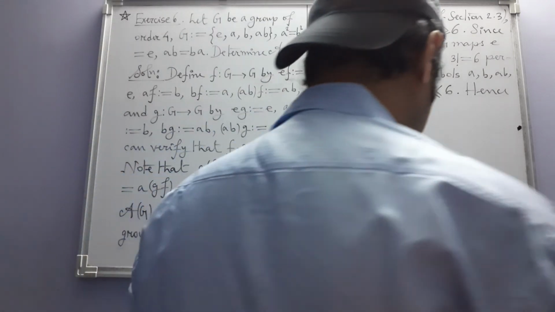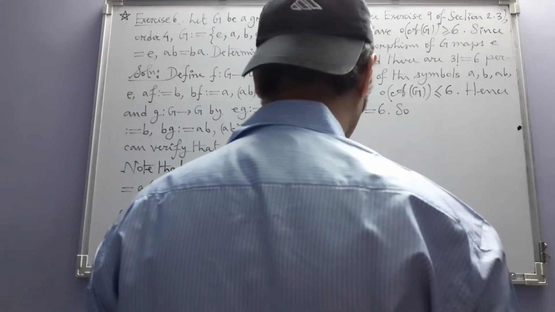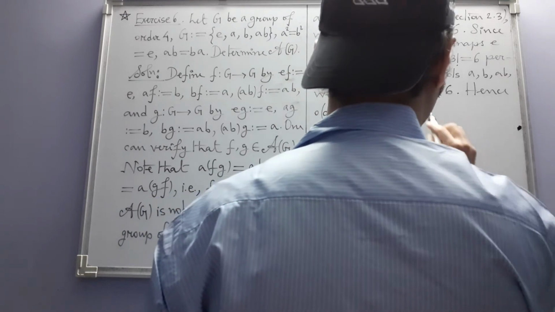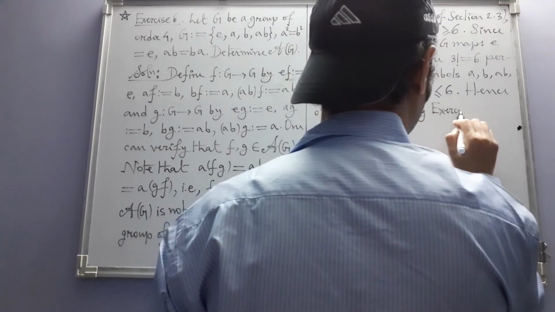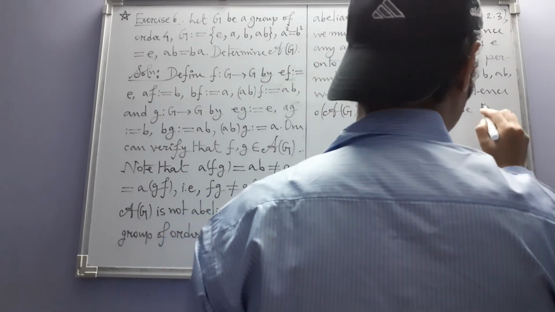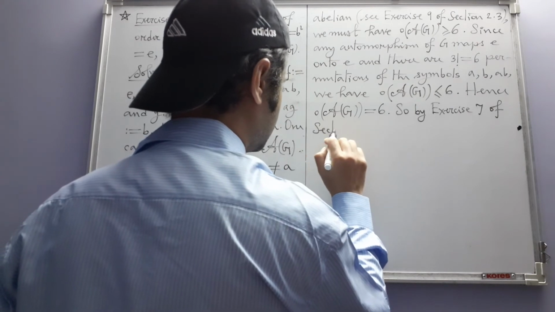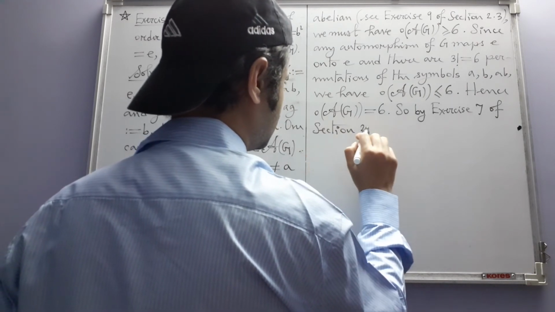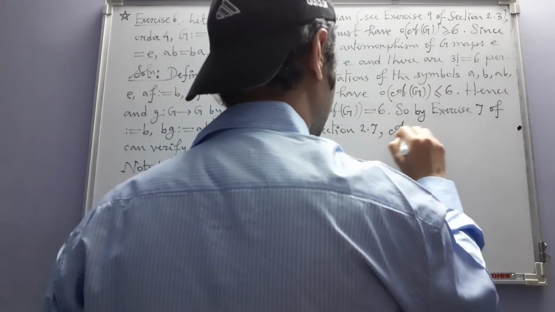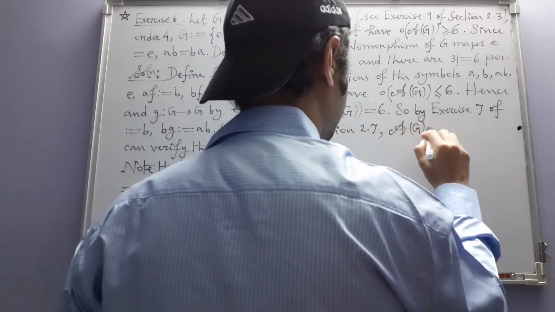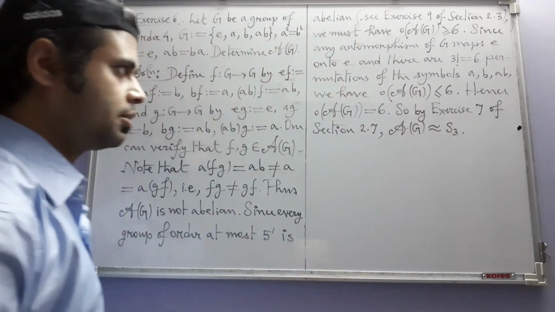So we can now use that exercise that we have already seen. So by exercise 7 of section 2.7, the previous section, the automorphism group of G is isomorphic to S3.